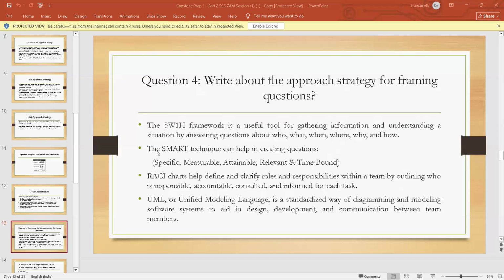In order to make those requirements understandable to the developers, we change the textual data into a diagrammatic form. By changing the textual data into a diagrammatic form, developers can easily understand what's going on, what the flow of the system is, and how users are interacting with the system. Based on this, they will develop the code.